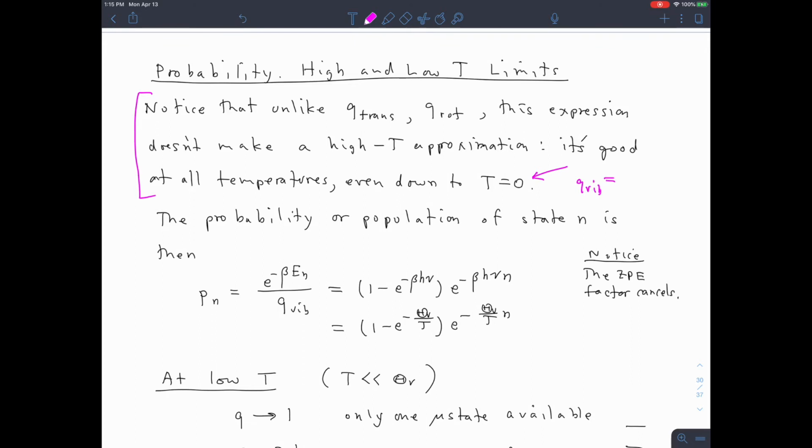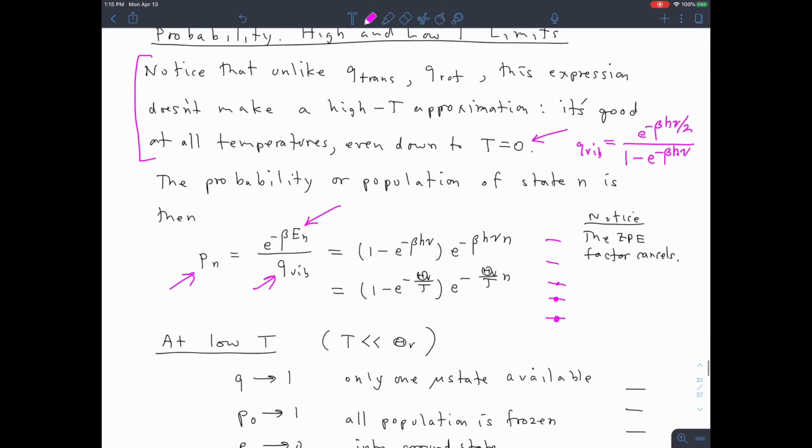And let me just write it out again. It's e to the minus beta h nu over 2, over 1 minus e to the minus beta h nu. All right, so let's calculate probabilities. This will tell us the populations of the various levels for our harmonic oscillator. That's e to the minus beta E sub n over Q vib.